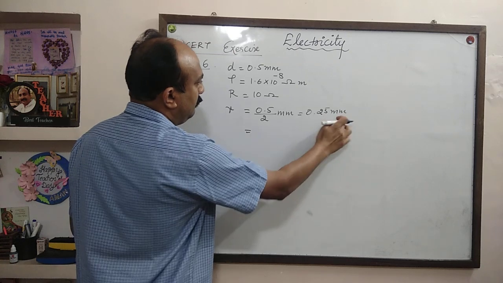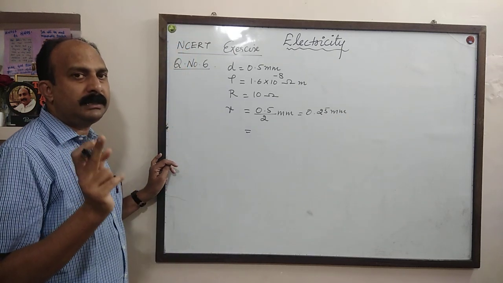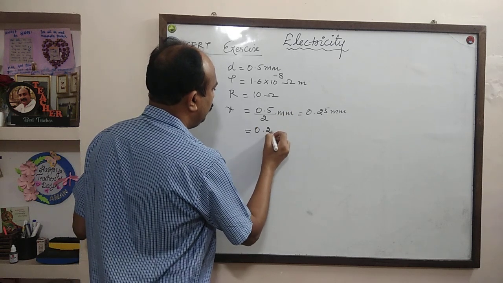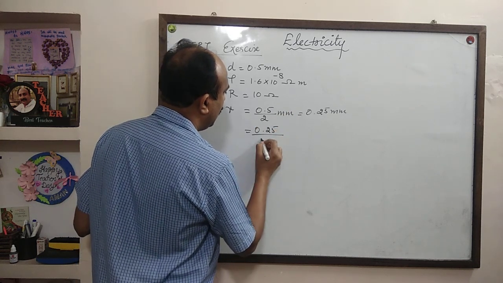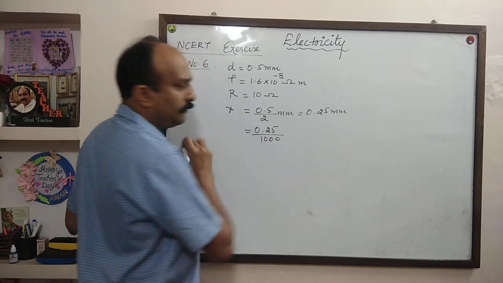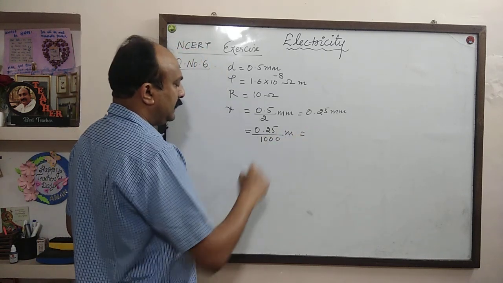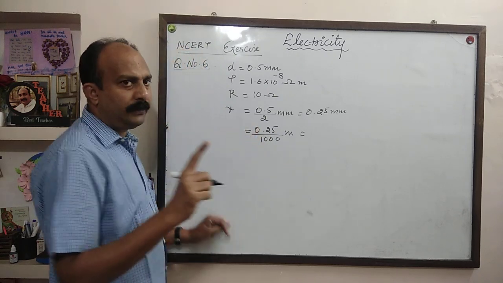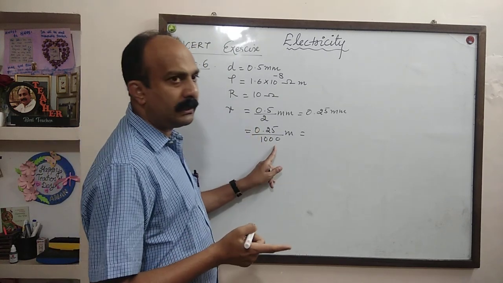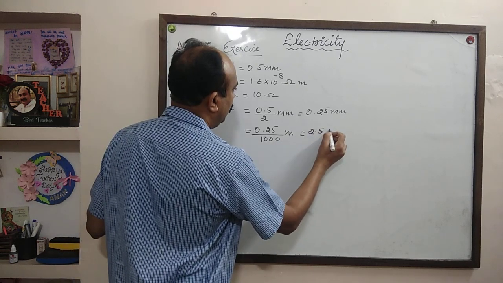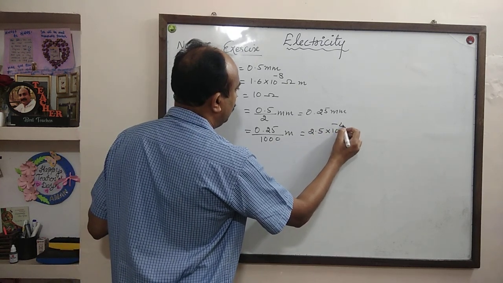Now we know that millimeter is not the SI unit. SI unit is meter. So it is 0.25 upon 1000 meter. Taking it to the numerator, 0.25 into 10 raised to minus 3. But in standard form we can write 2.5 into 10 raised to minus 4 meter.